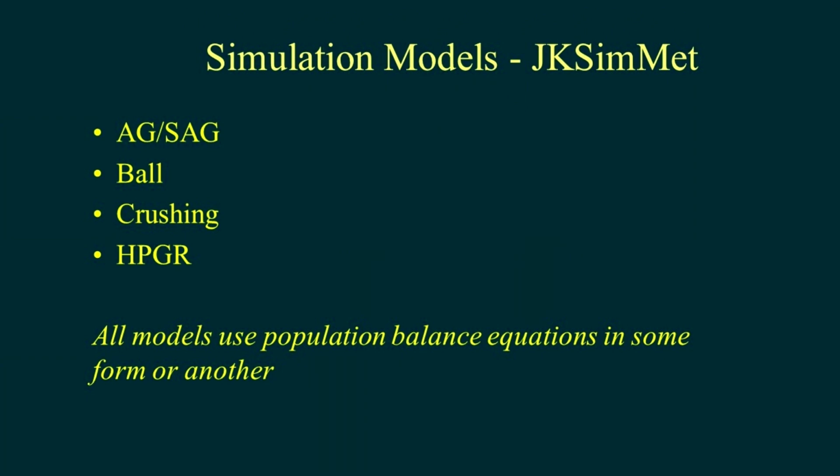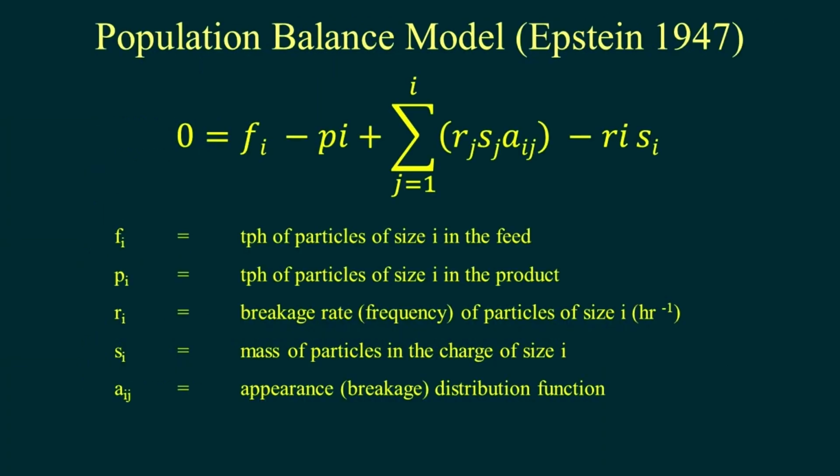There are four sets of comminution models that I'm going to talk about, and every single one of them uses what's called the population balance model. And JK definitely did not invent that equation. It's been around for a very long time. It is a beautifully elegant equation. And even if you're not good at maths, just take the trouble to try and understand this equation.